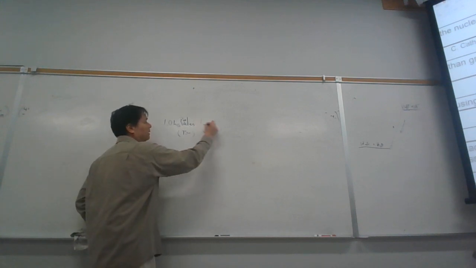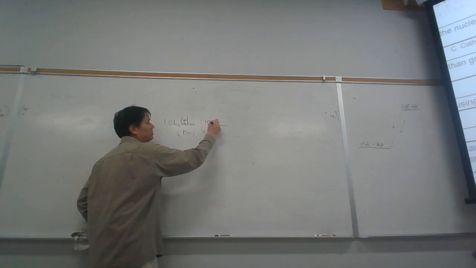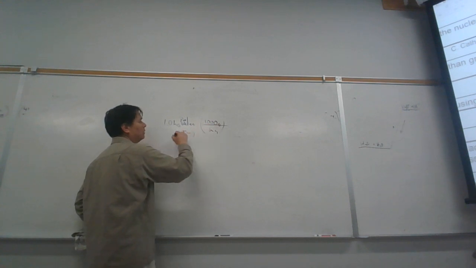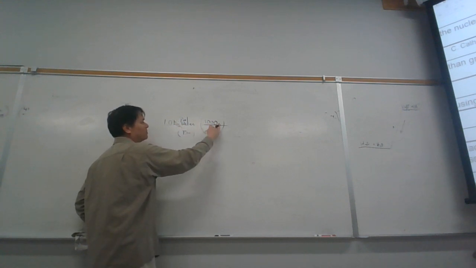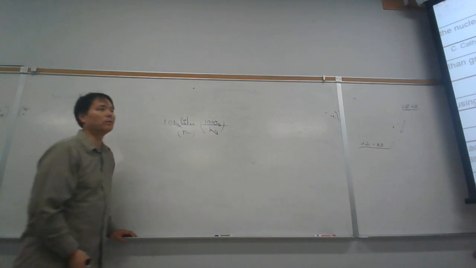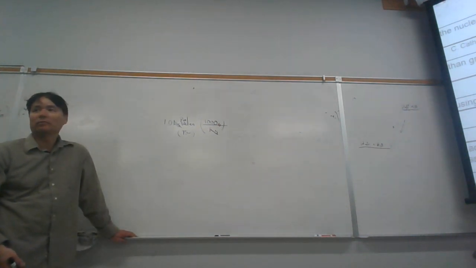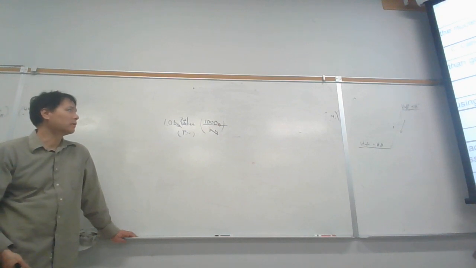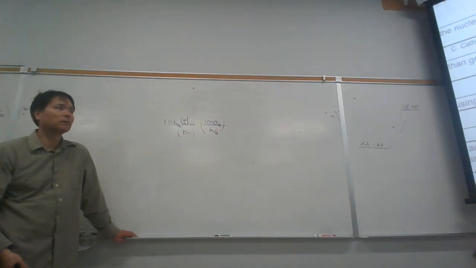Yeah, conversion is going to be 1,000 grams per kilogram. This is good for anything, so I don't have to write PW. And so kilograms cancel, and that gives me grams of PW, pool water. Okay, then where do I go? Moles of water? No, it's not pure. This water is not pure.